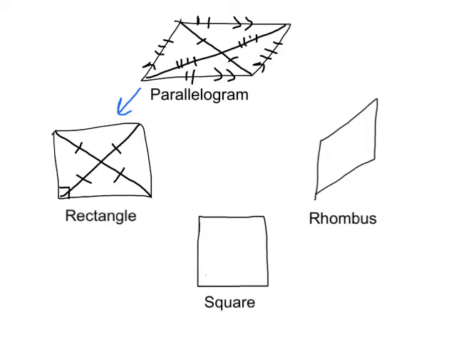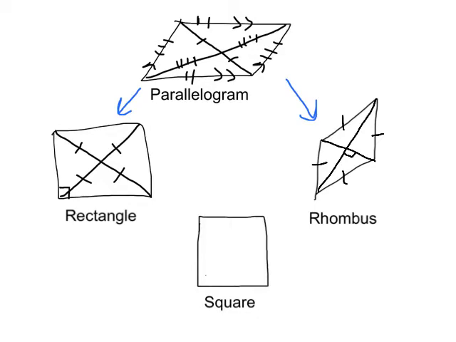Now another type of parallelogram is a rhombus. A rhombus has all the properties of a parallelogram, but it also has adjacent sides congruent. So all four sides are the same length. And its diagonals, they bisect each other, but they are also always at right angles.